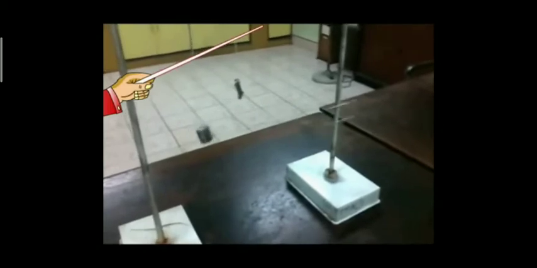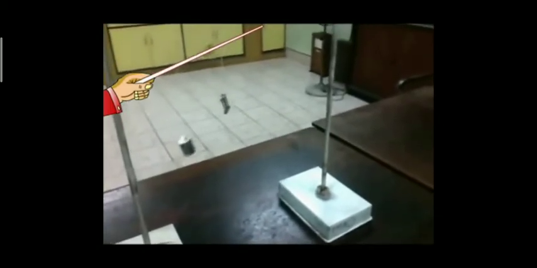After some time, the amplitude of the driver pendulum decreases due to damping, but the amplitude of this pendulum is still high. Now this becomes the driver pendulum and this one the driven.